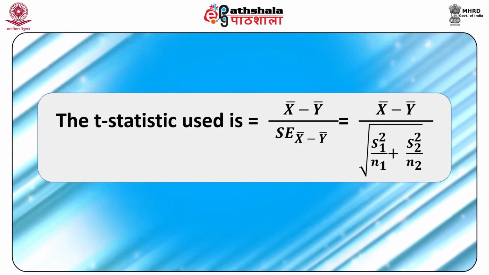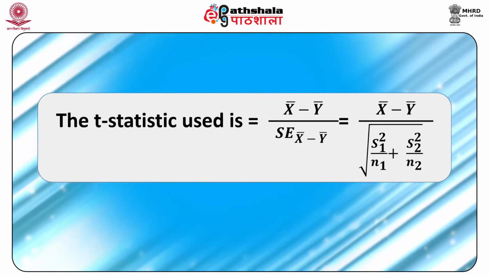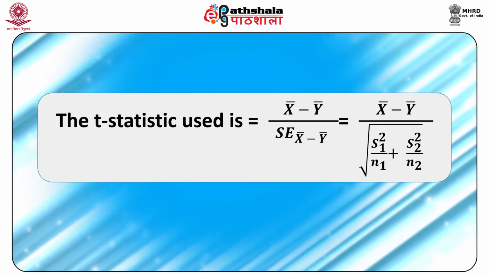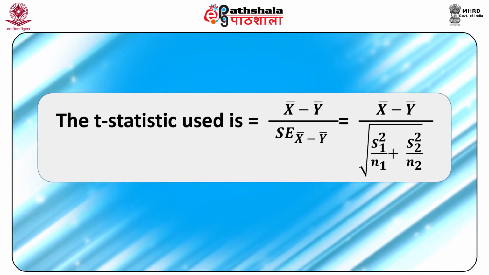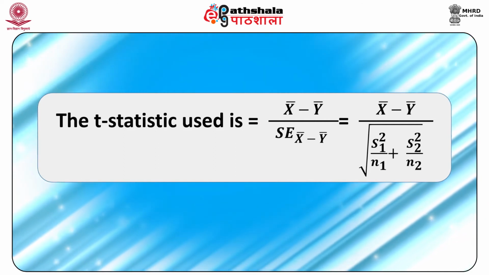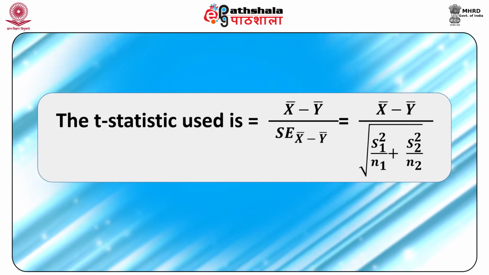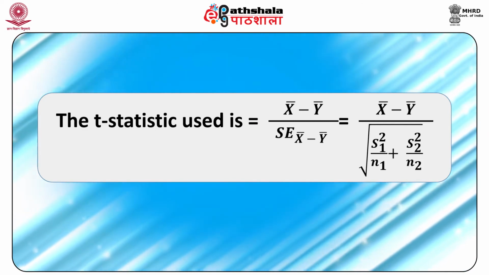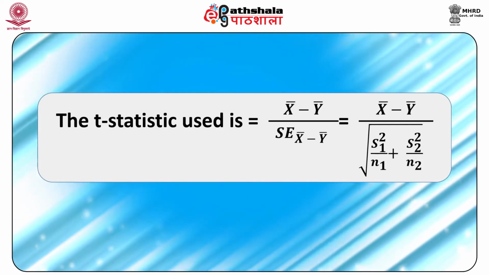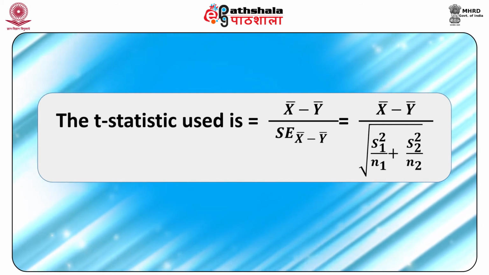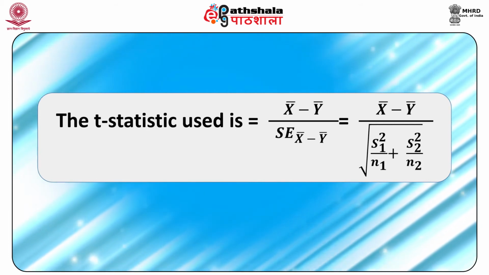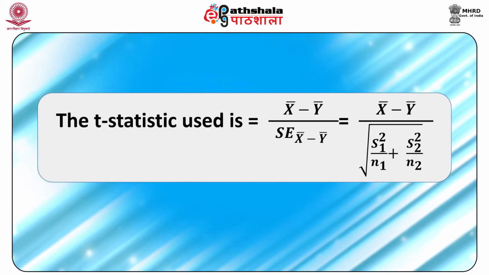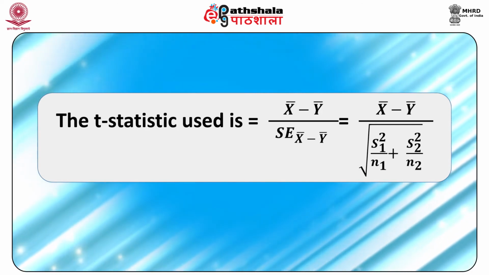In that situation, the t statistic used is equal to x bar minus y bar upon the standard error of x bar minus y bar. Now this is equal to x bar minus y bar upon under root of s1 square by n1 plus s2 square by n2. This we define as equation 4.